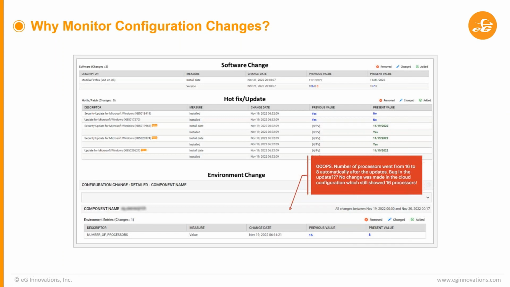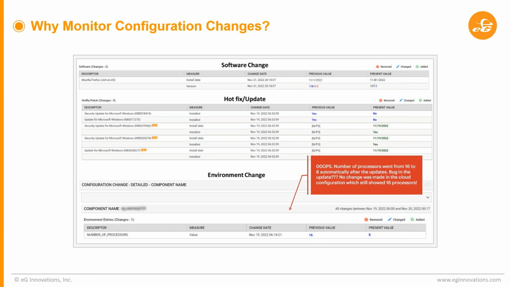What the customer also saw was that the number of processors hadn't changed in the cloud configuration. So their AWS configuration still showed 16 processors. However, something had changed within the Windows operating system, possibly because one of the hot fixes was deployed, that caused the number of processors to go down at the operating system level.